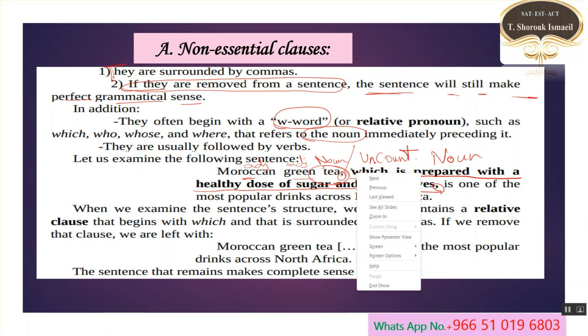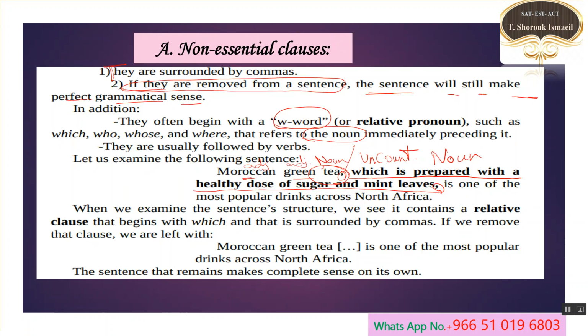My strategy here is to cross out this non-essential clause, like this. Why should I do this? To find my verb. Where can I find my verb? My verb is immediately after the comma, like this.